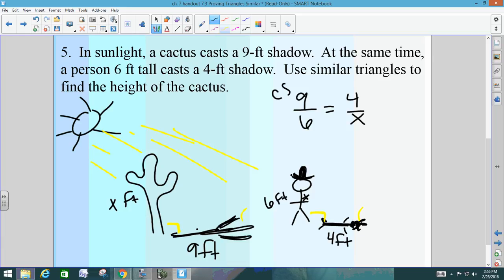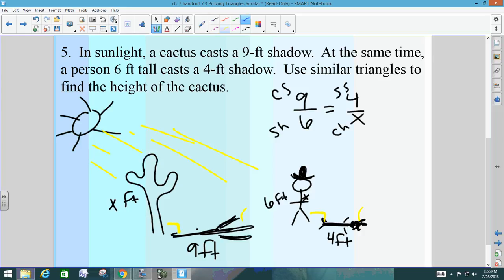And then you have sheriff shadow. What's 6 represent? The sheriff's height, right? What's the X represent? Okay. So you've got shadow to height, but you got cactus over sheriff and then sheriff over cactus. What do you want to flip?